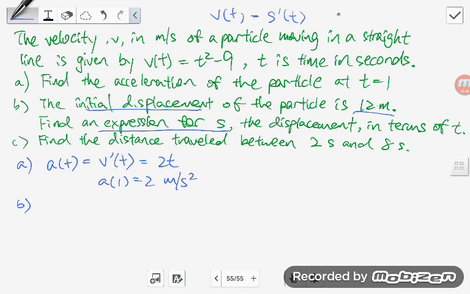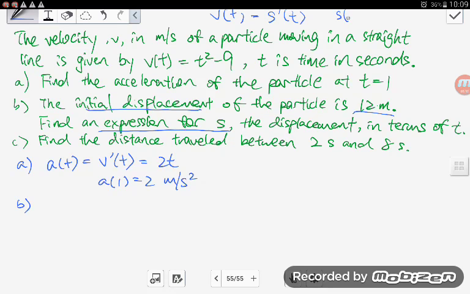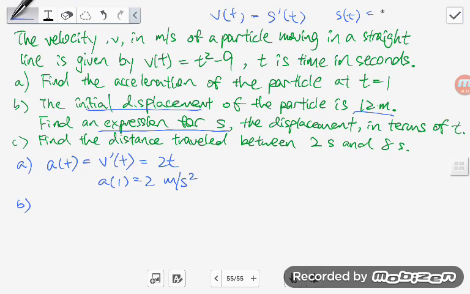In other words, my displacement would be the integral of my v of t. Does that make sense?